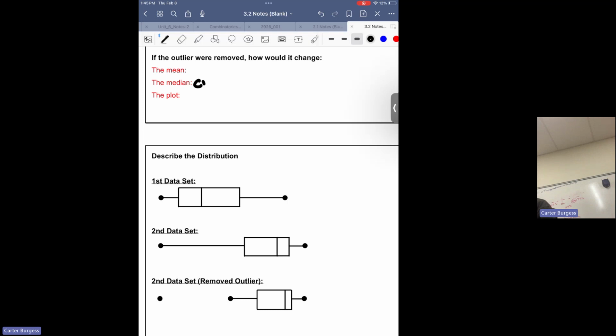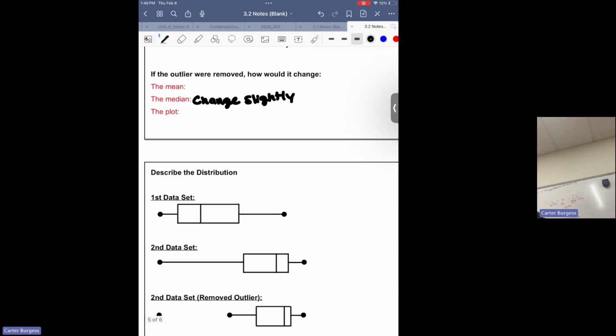These change slightly. If we were to compute the average, we would see a larger change. Now, in this particular case, it turns out to be a change of about 5, so it's not that significantly different from the other ones we were looking at. But in general, when we have outliers in our data, the mean can change pretty drastically.